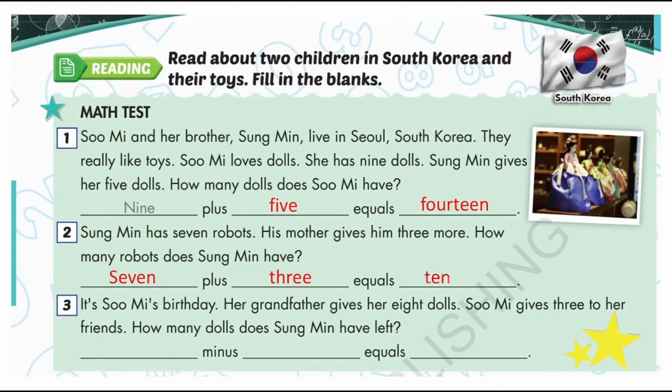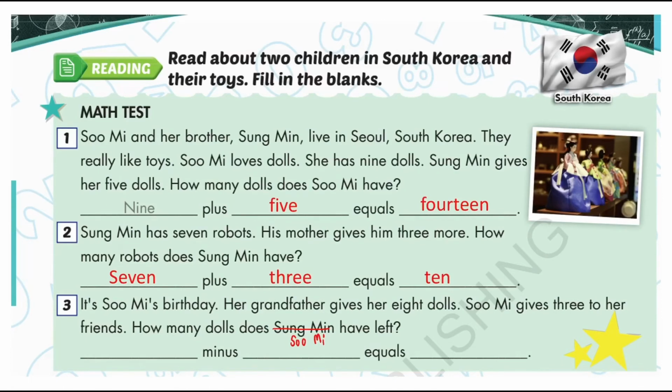And next, 3. It's Sumi's birthday. Her grandfather gives her 8 dolls. Sumi gives 3 to her friends. How many dolls does Sumi have left? Oops, I'm sorry. I want to change this. It's Sumi, not Sungmin.